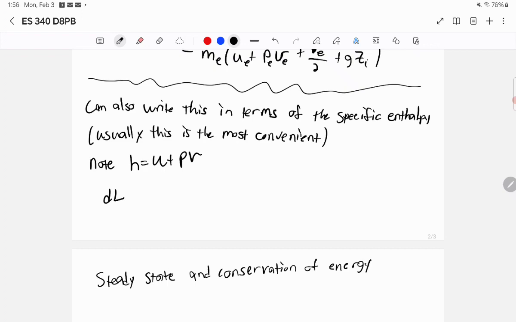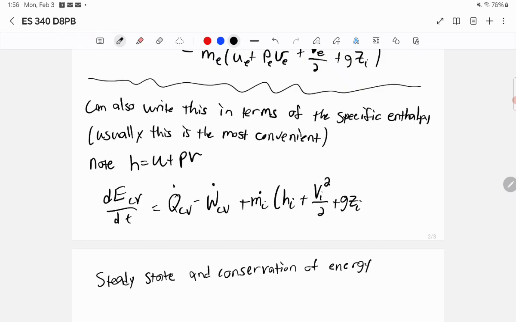So dE_CV/dt is going to be equal to Q dot CV minus W dot CV plus m dot i times (h_i plus V_i squared over 2 plus g z_i) minus m dot e times (h_e plus V_e squared over 2 plus g z_e).